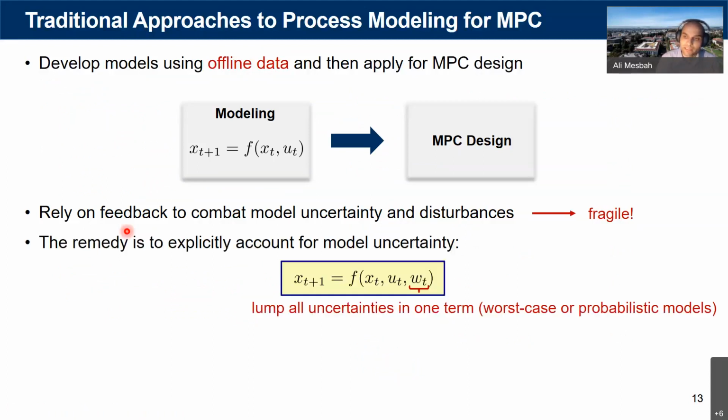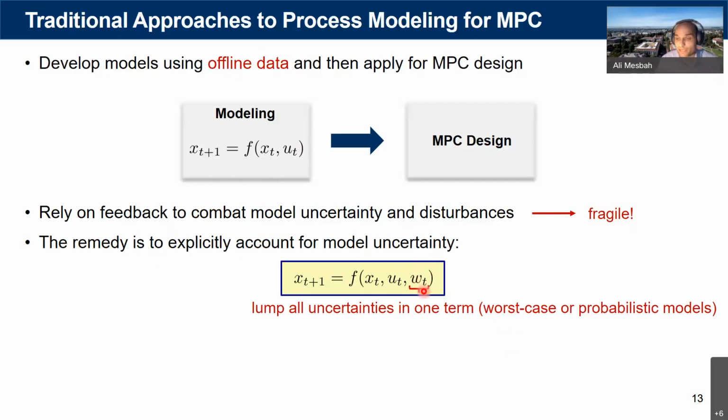So really, the remedy is to account for model uncertainty explicitly in the description of the system that we have. Traditionally, how this is done is you lump all the disturbances, all the uncertainties that you may have in your knowledge of the system, in one term, and we call that the disturbance term W, right?